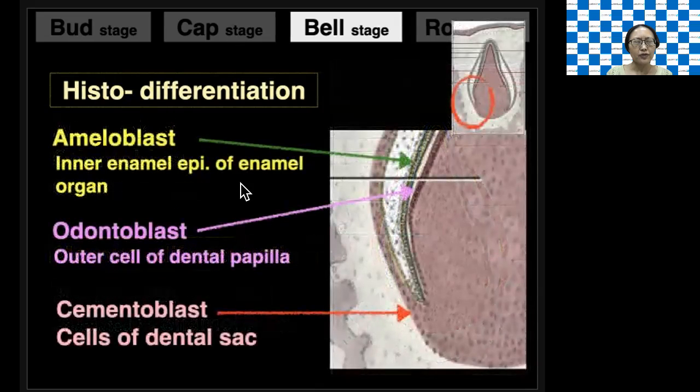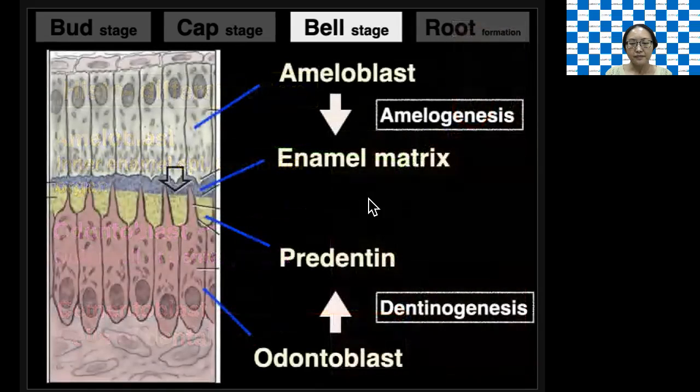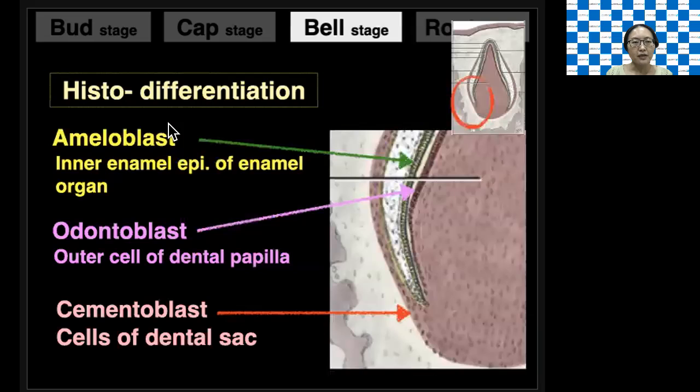Let's review the differentiation of the cells. The ameloblasts are differentiated from the inner enamel epithelium of the enamel organ.